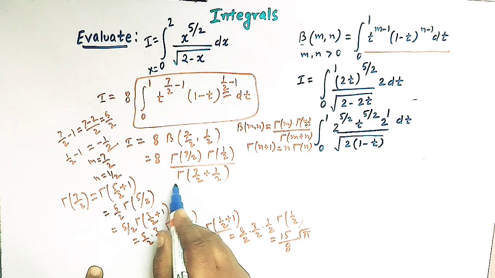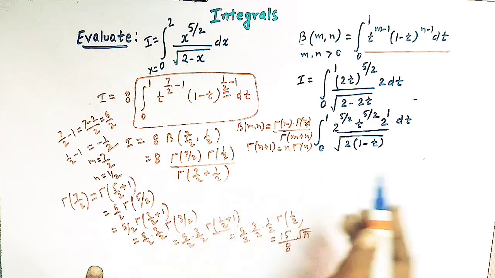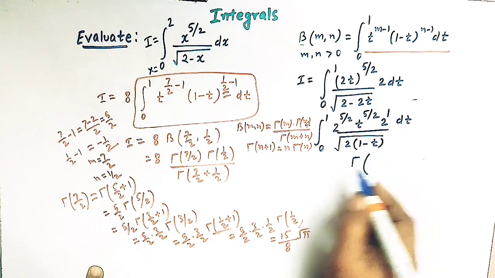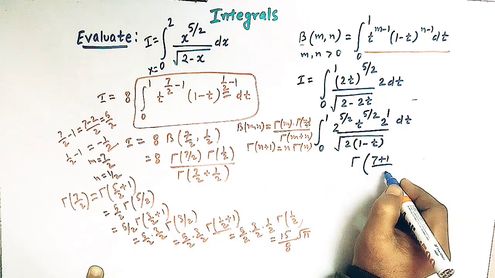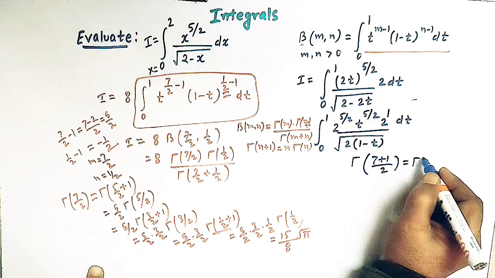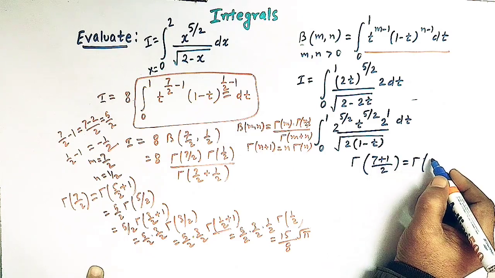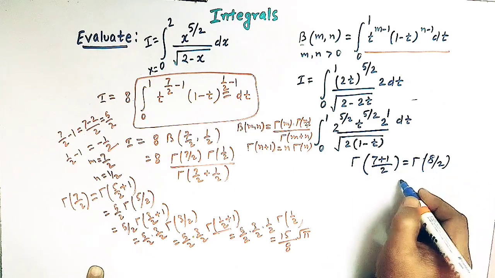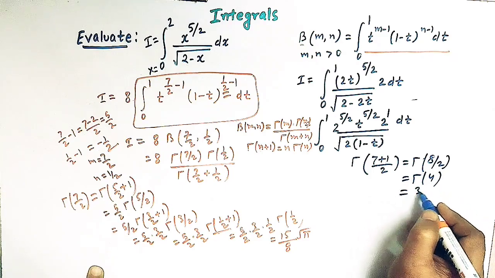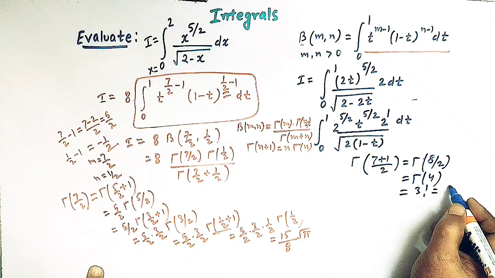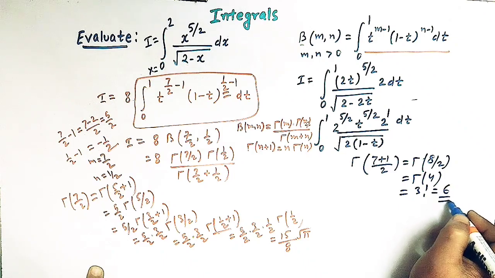So now in the denominator we have gamma 7 over 2 plus half. So we have 7 over 2 plus half is 7 plus 1 over 2, that is gamma 7 plus 1 is 8, 8 over 2, that is gamma 4, and gamma 4 is equal to 3 factorial, that is equal to 6, right?